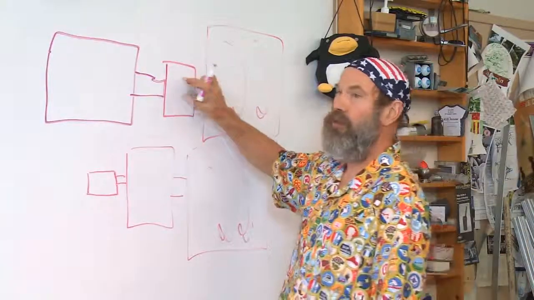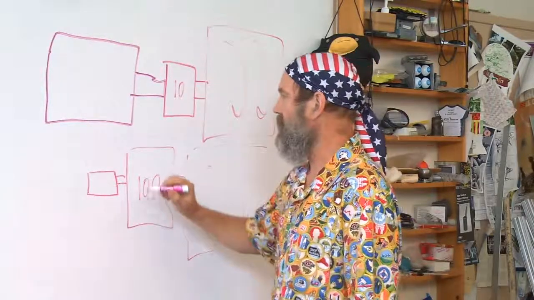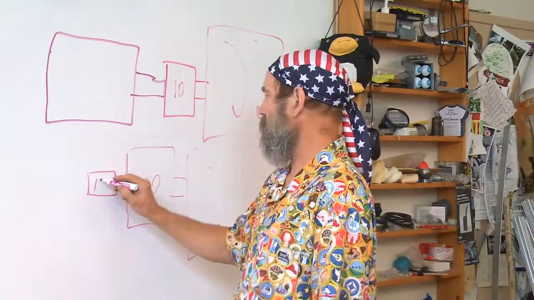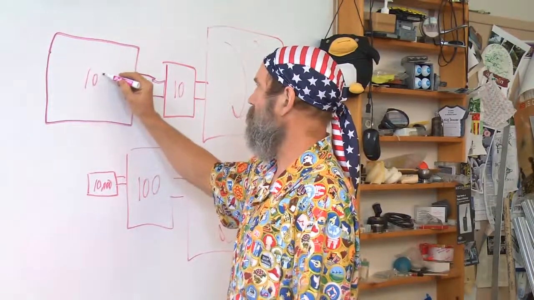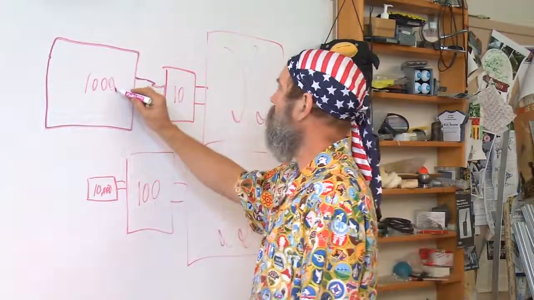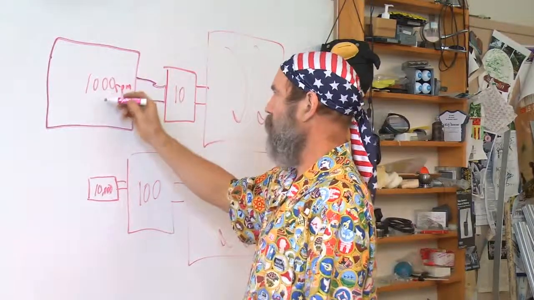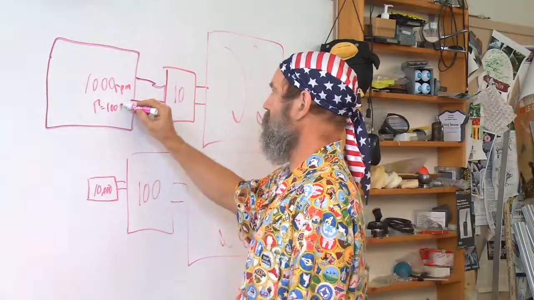Where, for example, this is some transmission ratio 10, some transmission ratio 100, and this thing here goes 10,000 RPM, and this thing here only goes 1,000 RPM. Okay? And some torque level, let's say the torque equals 100 Newton meters.